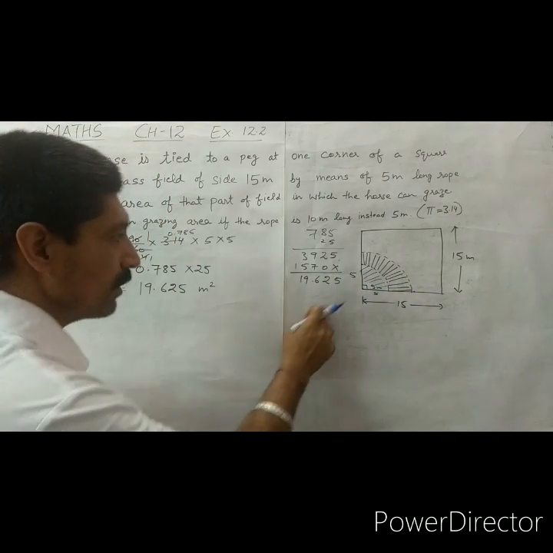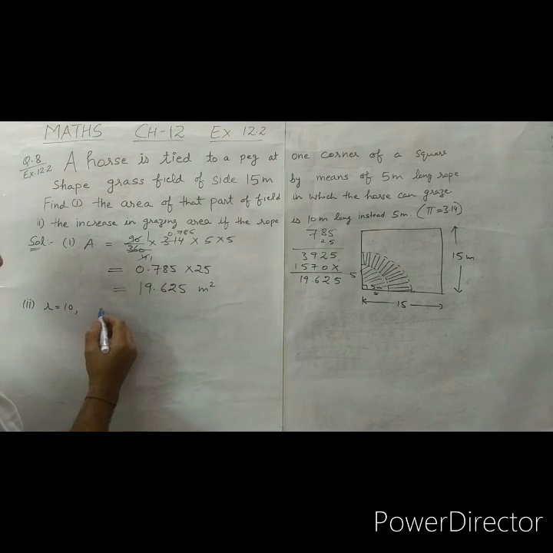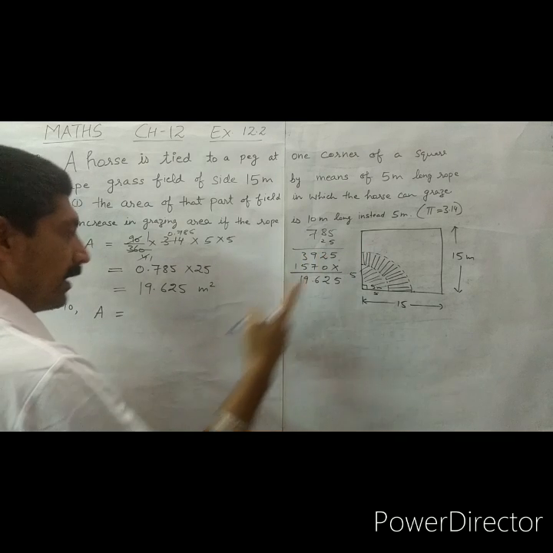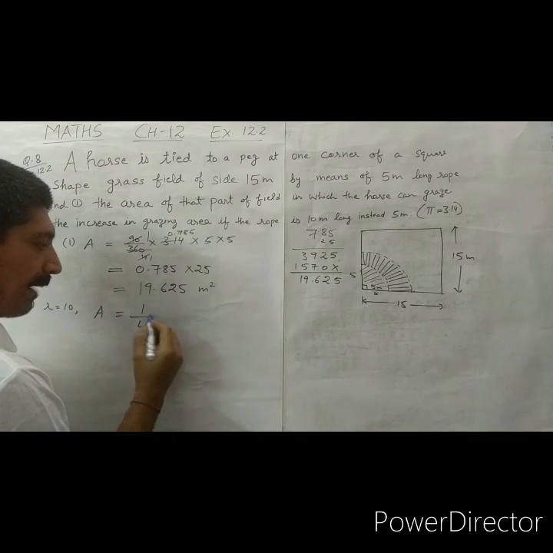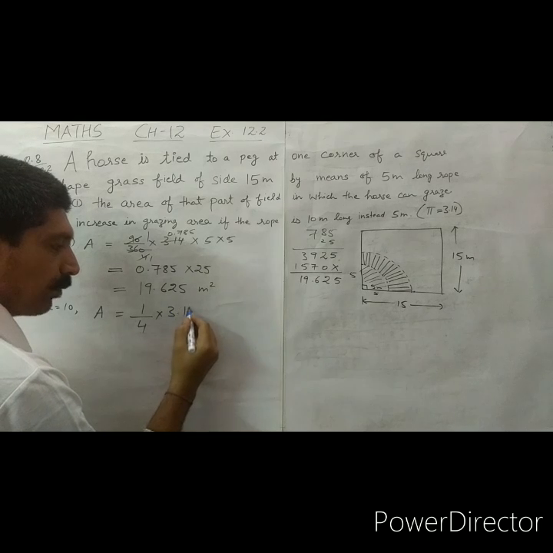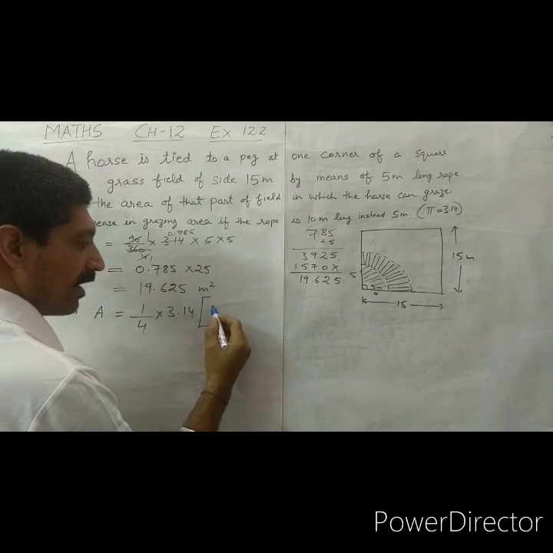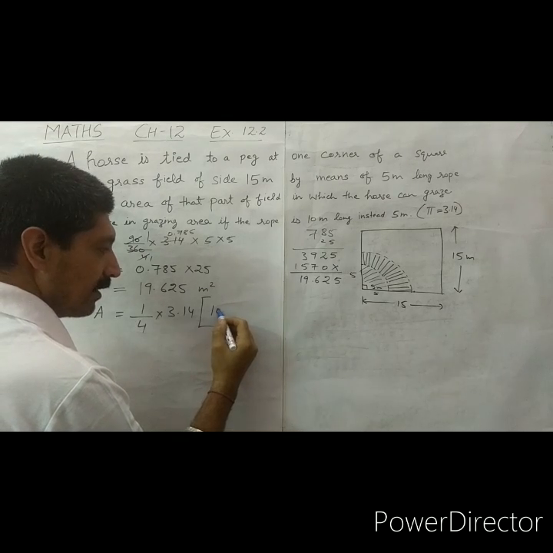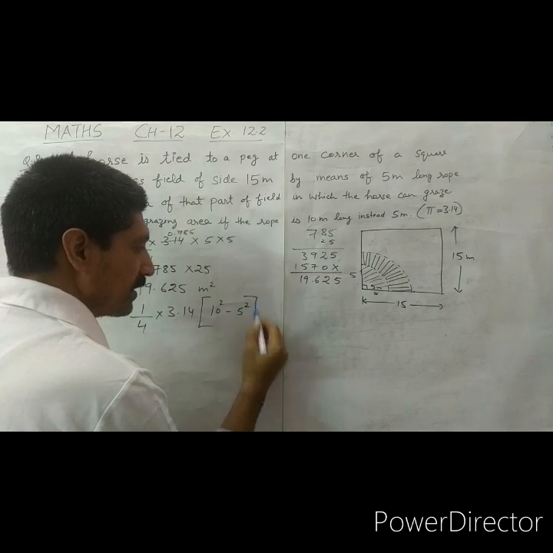So in this case, the area is equal to, here theta will remain same, 90 degree, pi, that is 3.14, now bigger quadrant, that is 10 square minus 5 square, r square.